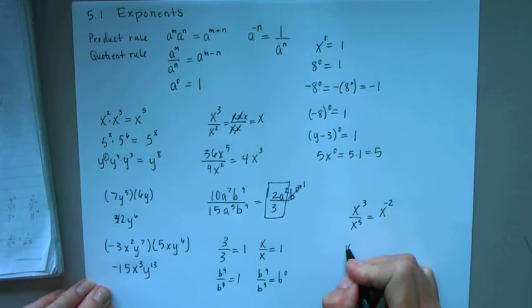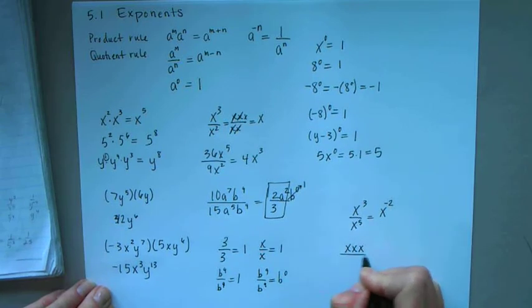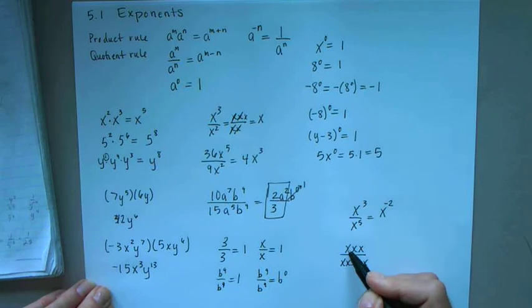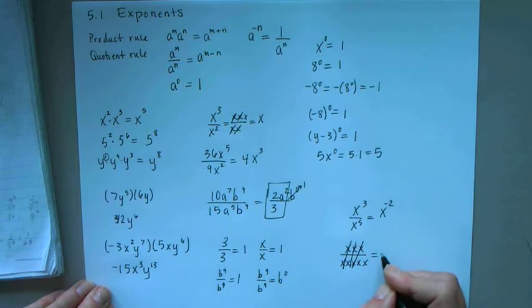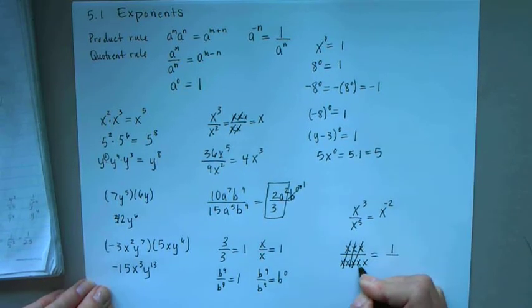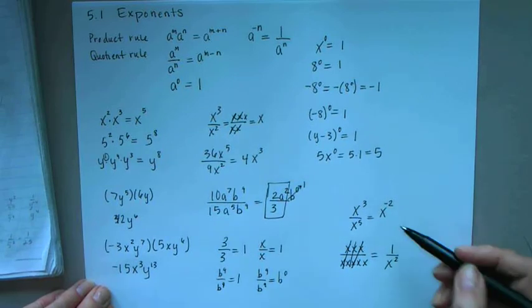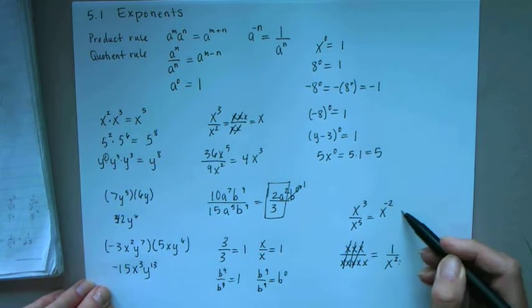We also know that's the same as 3 x's on top and 5 x's on the bottom. And we know anything divided by itself is 1. So that's 1, 1, 1. So what I have is 1 on the top and 2 x's on the bottom. So guess what? Those are the same. Those are equivalent.